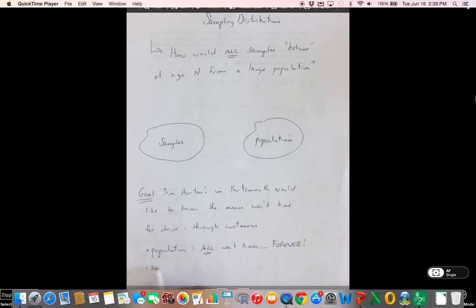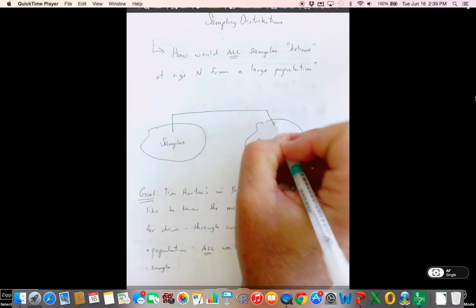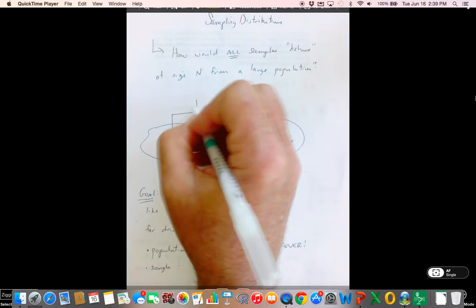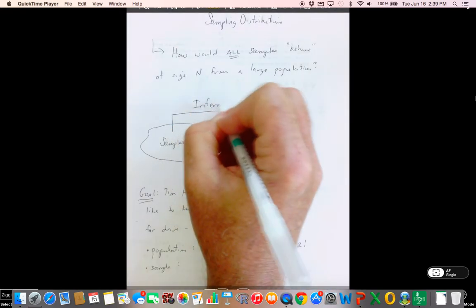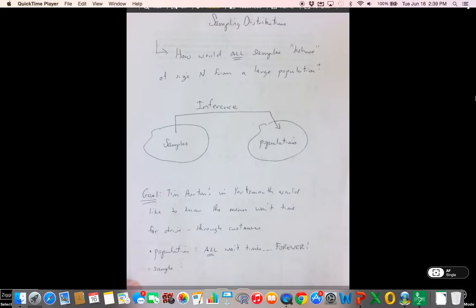So what we would want to do is collect a sample. So we could use information from a sample to make a statement about a population using what's called inference. And guys, this is the end goal. The end goal in this class is inference. And again, we'll start that right after we take our midterm.